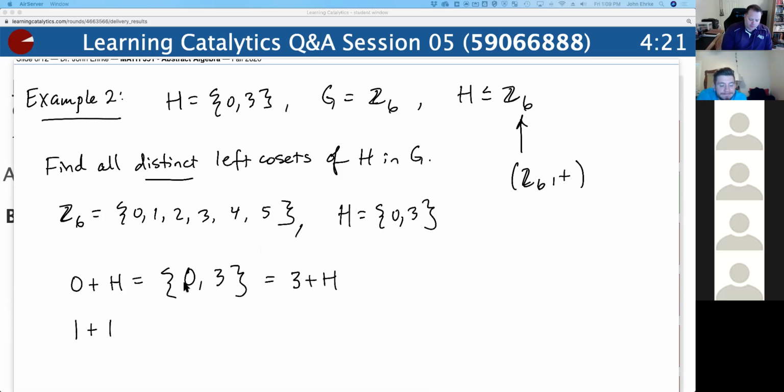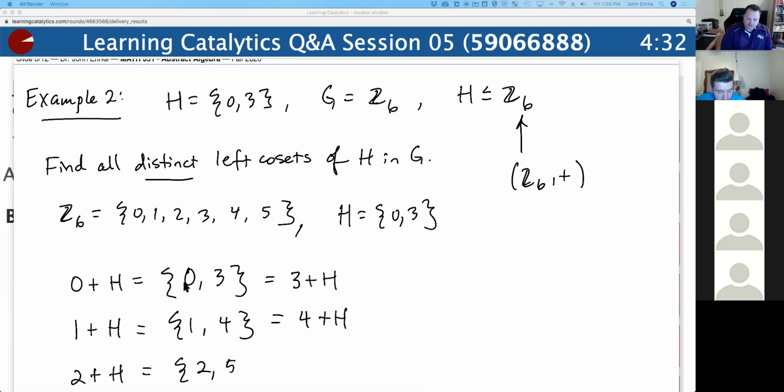Similarly, if you look at 1 plus H, you would get 1 and 4, but that's the same thing as 4 plus H. If you did 2 plus H, add 2 to everything in the subgroup, you'd get 2 and 5, but that's the same thing as 5 plus H. So in terms of the cosets, there are 3 distinct left cosets of H in Z6.